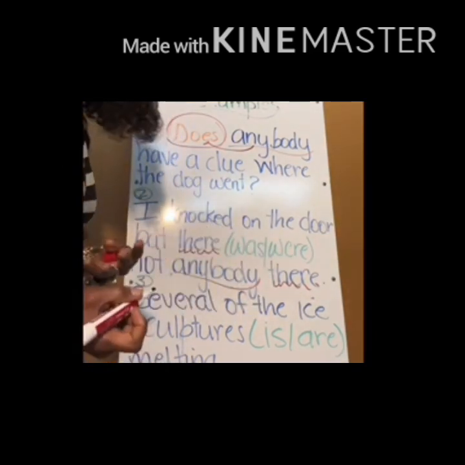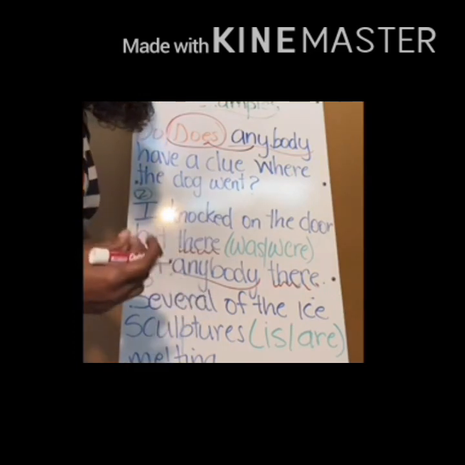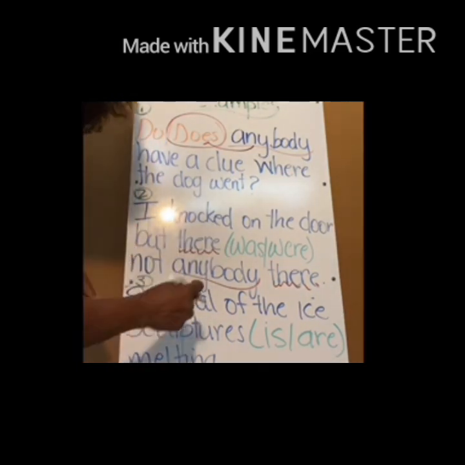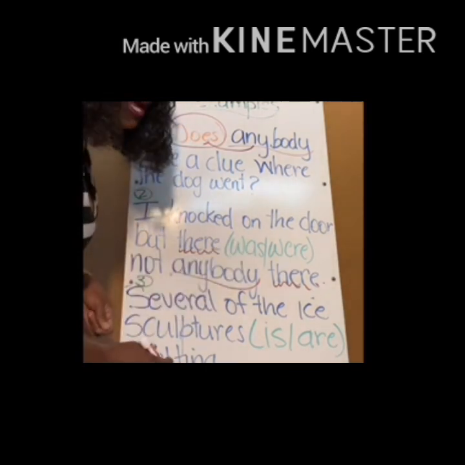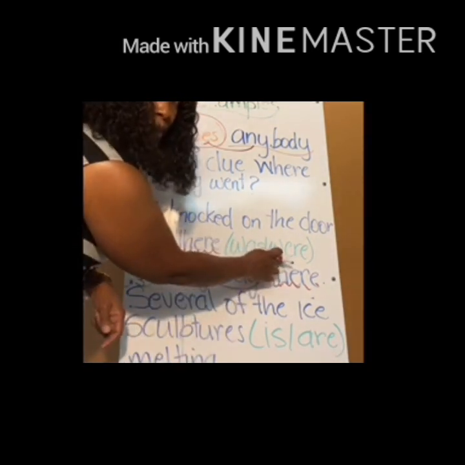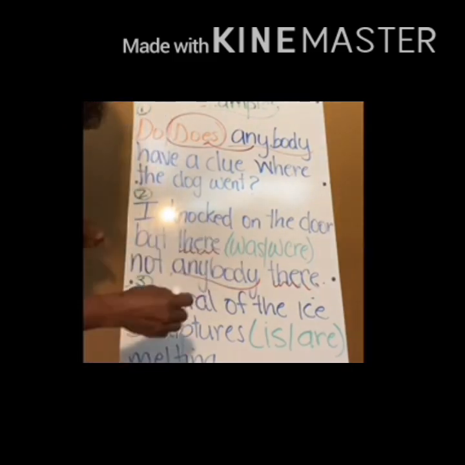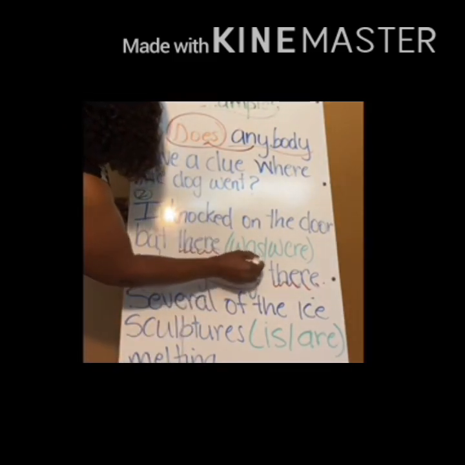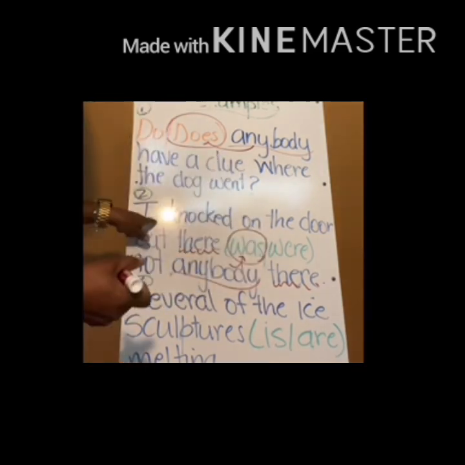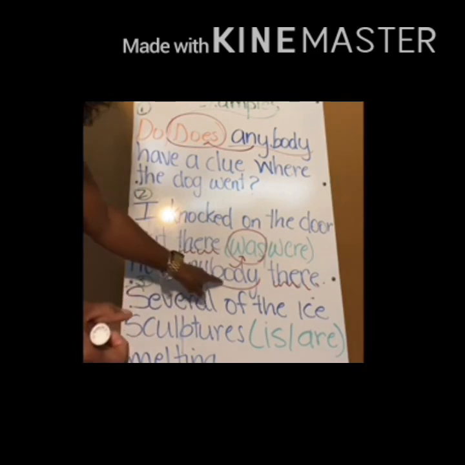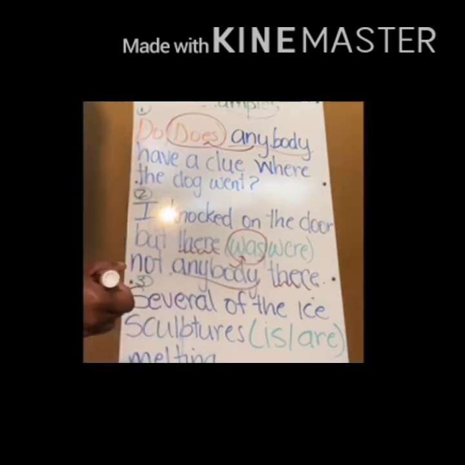We looked at these before. Which one is singular? See if you remember. If you said was, then you are correct. Were is plural, meaning more than one, and was is singular, meaning one. So I knocked on the door, but there was not anybody there.